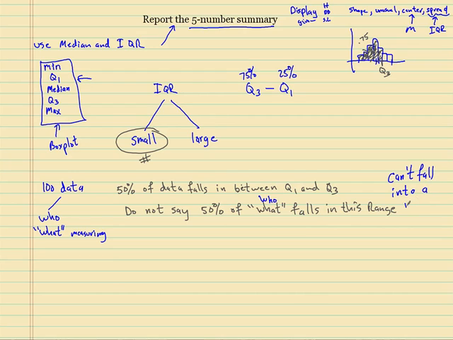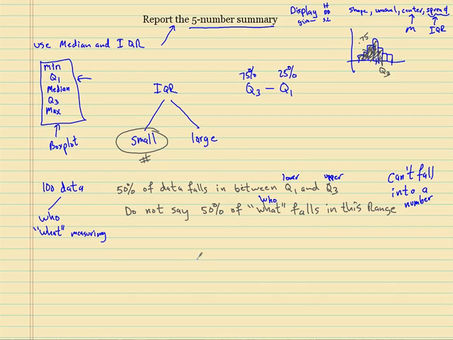It's a huge mistake. People always say, oh, 50% fall into this range. But a range is a number. So if the range is 3, 50% of the people fall between 3. Doesn't make sense. So you always want to have a lower interval and an upper interval.